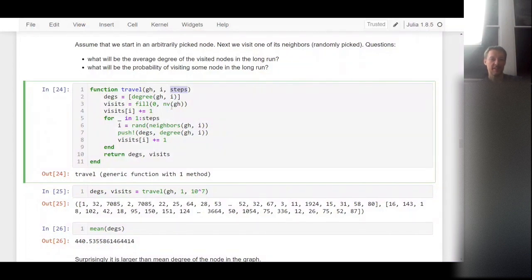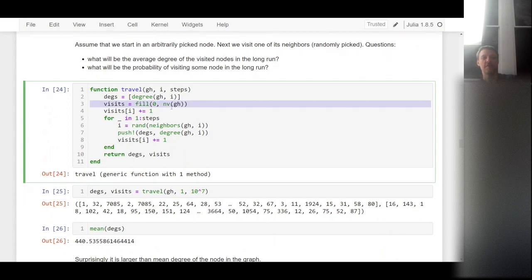And how does this function work? So the dex variable will keep the list of visited nodes, so the list of degrees of visited nodes. So I will just collect what was the degree of the node that I visited. So initially, of course, I visit node number i, so I just store the degree of this node number i in my list. And the second vector that I will use is visits.